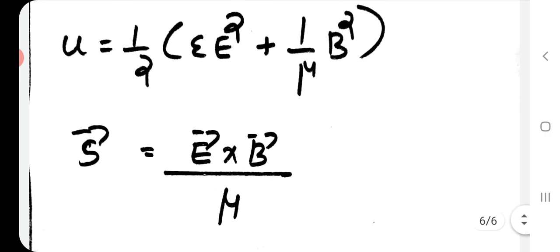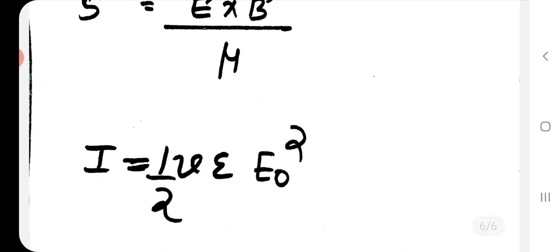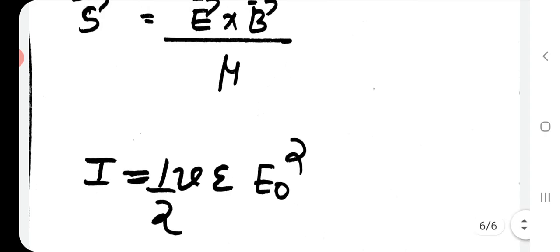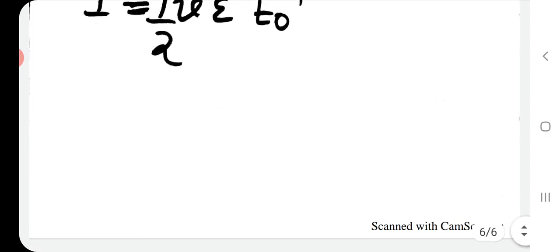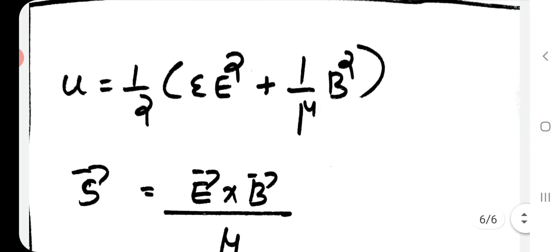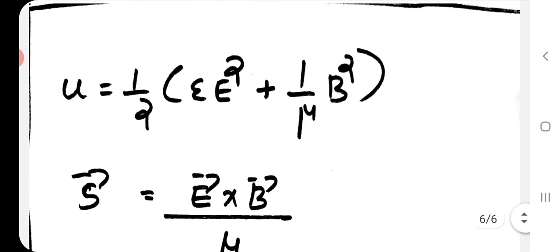That is our u, and S, the Poynting vector, will be 1 by mu E cross B. And the intensity, which is the magnitude of the Poynting vector, is equal to half, instead of c we will have v, the velocity in the medium, and instead of epsilon 0 we will have epsilon, E 0 squared. So this is the intensity. These are the corresponding expressions in the medium.